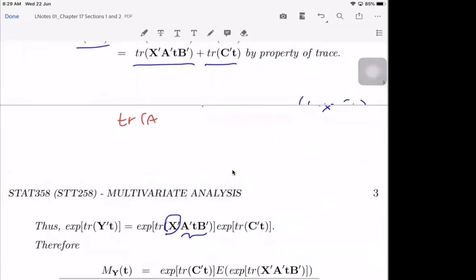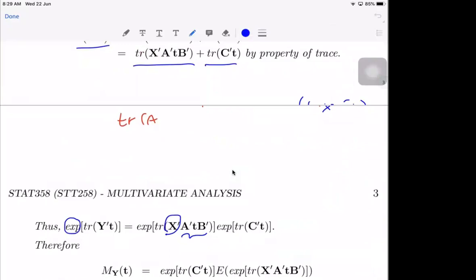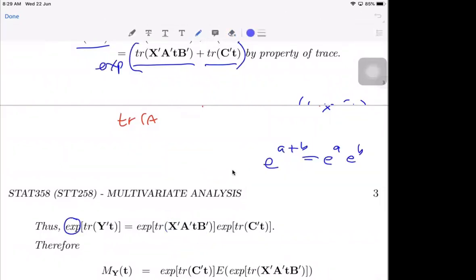So if you apply the exponential here, you get the exponential of this term, and you know that the exponential of a plus b will be equal to the exponential of a times the exponential of b. So that's why when you apply the exponential, you will have the exponential of a times the exponential of b. Are you still following? Yes, ma'am.